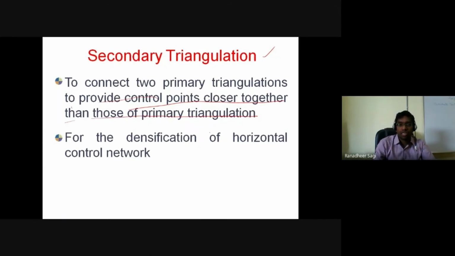In primary triangulation, control points are chosen 16 to 150 kilometers apart. However, in secondary triangulation, the stations are chosen relatively closer to give better densification in that network representation.